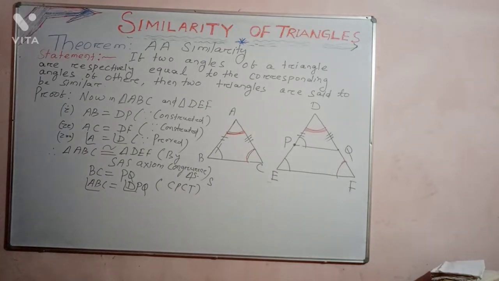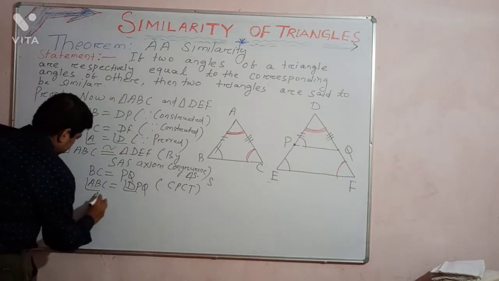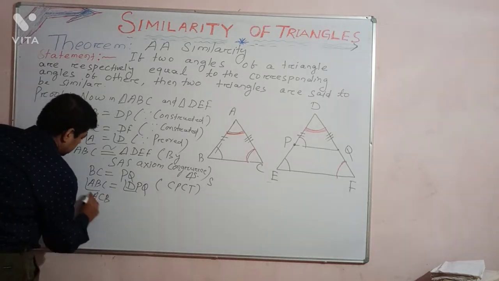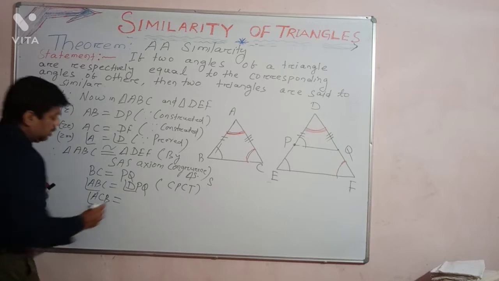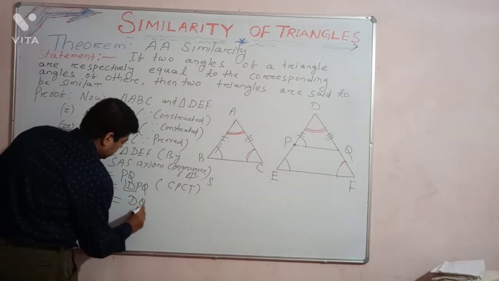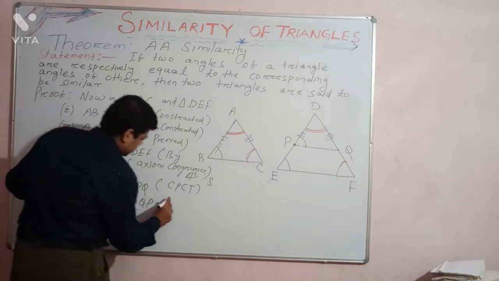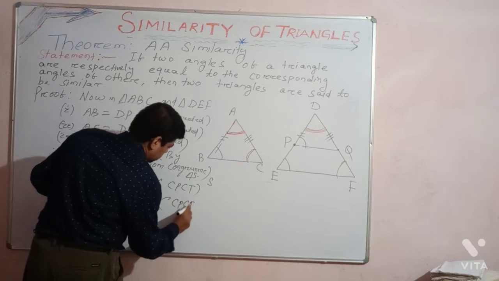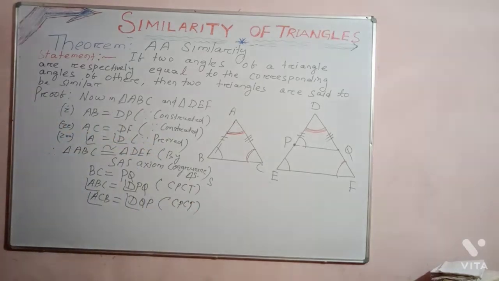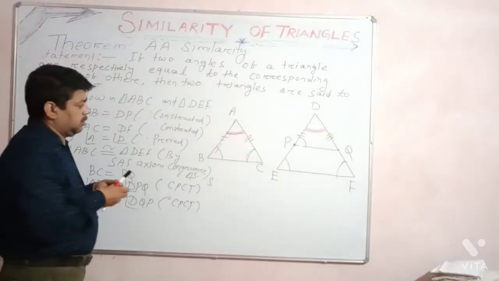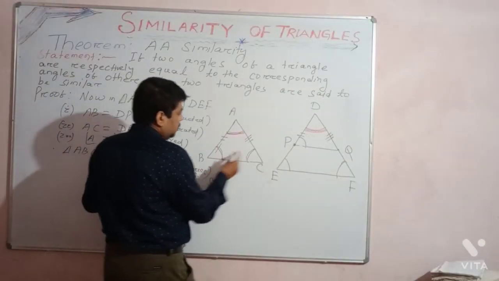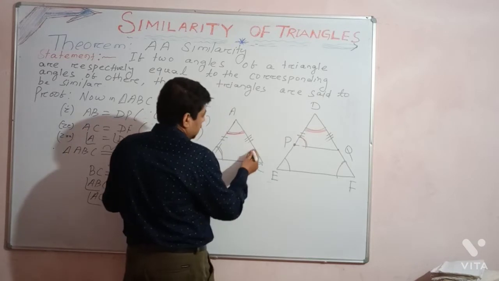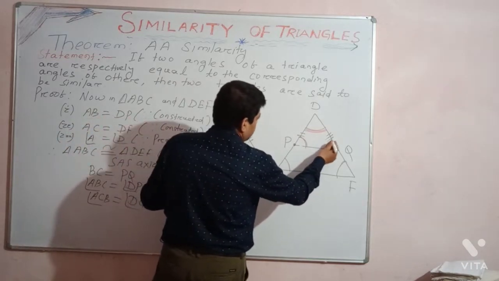Similarly, angle C, meaning angle ACB, is equal to angle Q, meaning angle DQP, by CPCT. Understand or not? So what do we observe now? Angle B is equal to angle P and angle C is equal to angle Q, already proved.